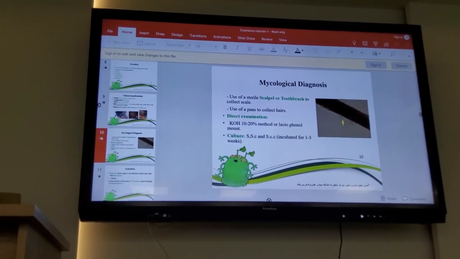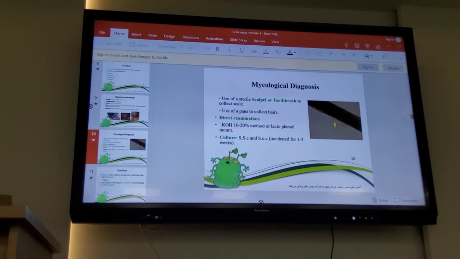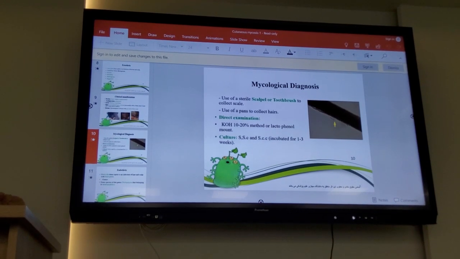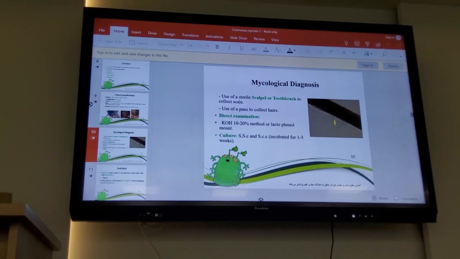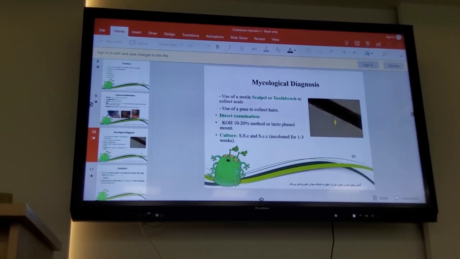When you use cream or ointment or solution locally, it is topical treatment. When you administer orally, it is systemic treatment. The treatment of tinea capitis needs both ways, topical and systemic.